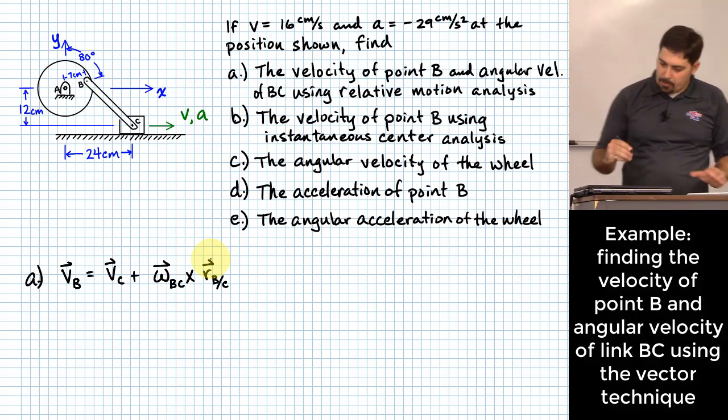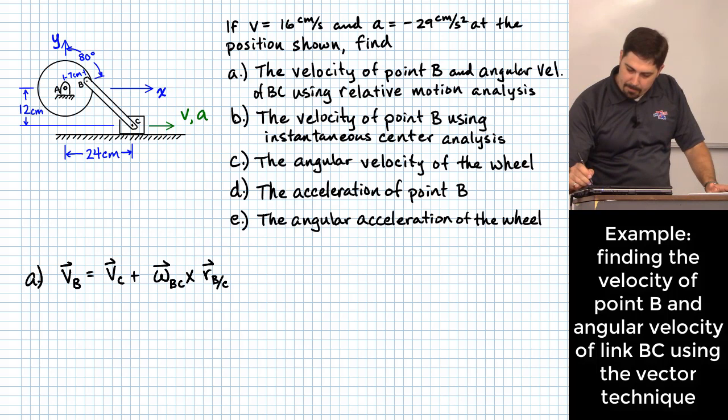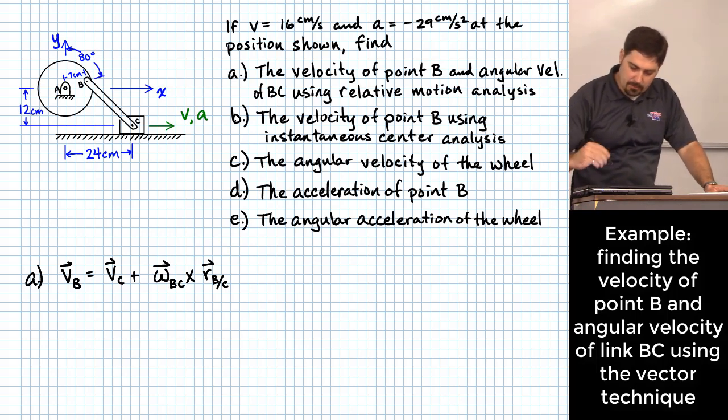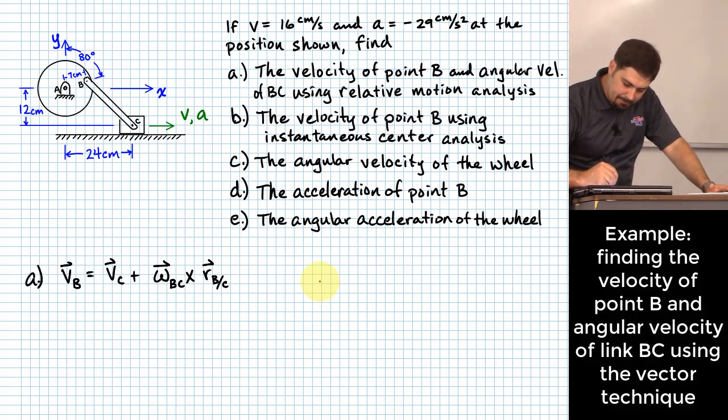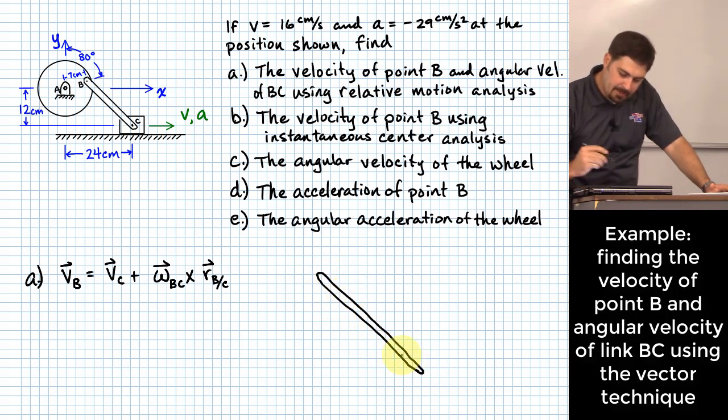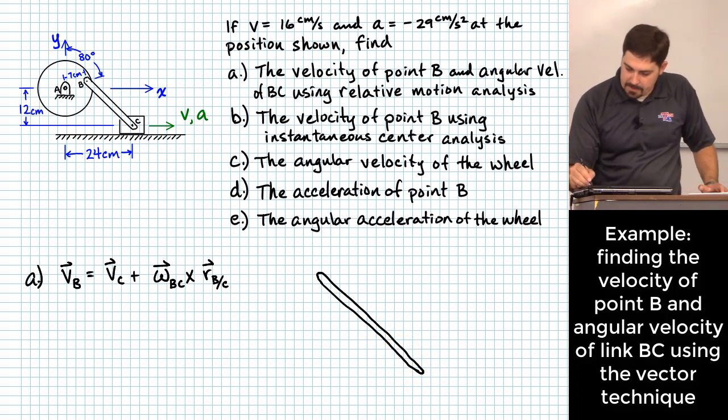What I want to do at this point is actually draw member BC, because this is a really key step of the process, to make sure that we can visualize the different pieces that we're talking about.